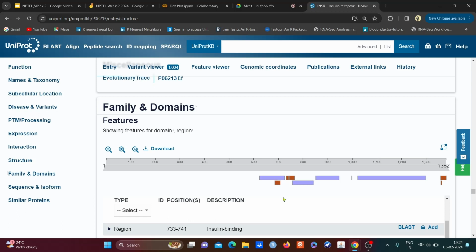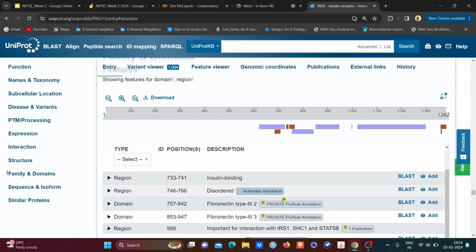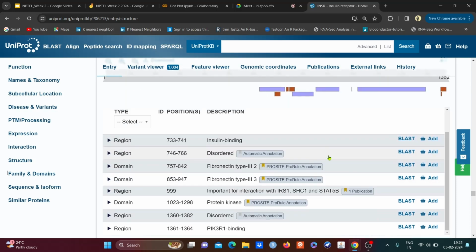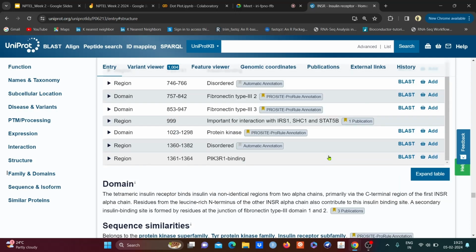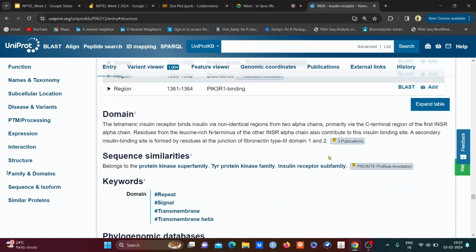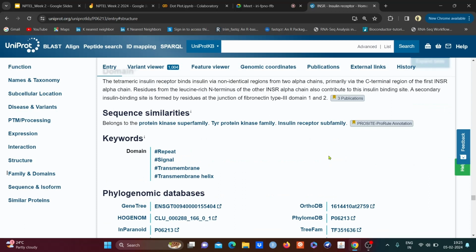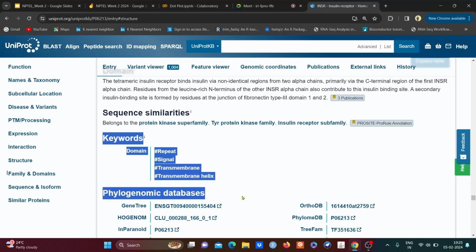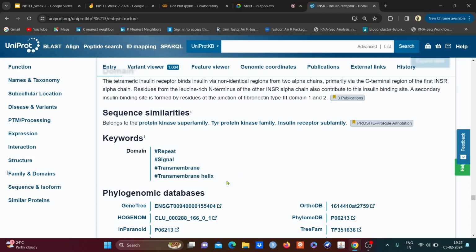It gives information about family, what is the insulin binding region, what is the disordered region, and it gives the keywords that correspond with this. So it's a transmembrane helix.